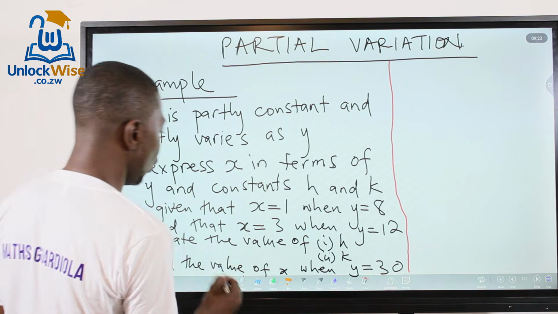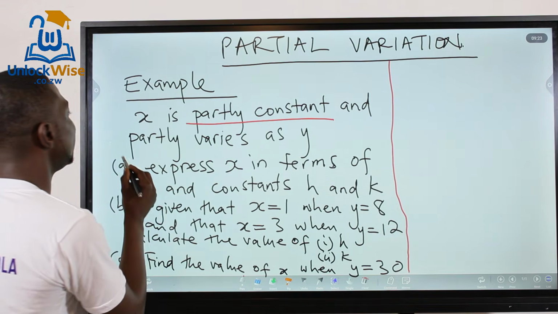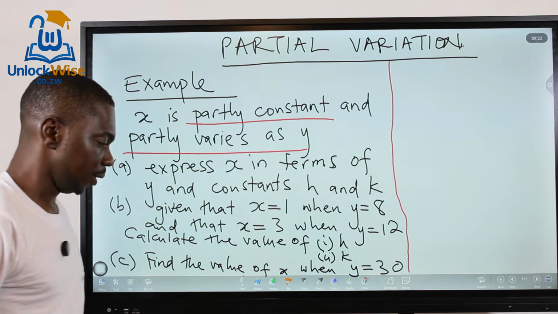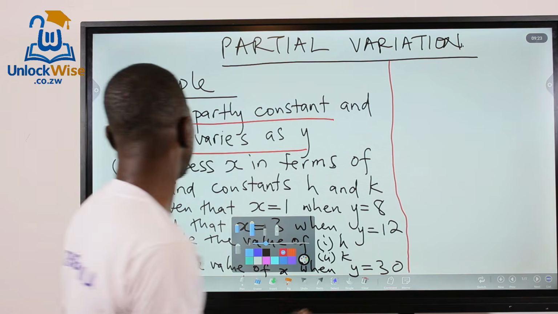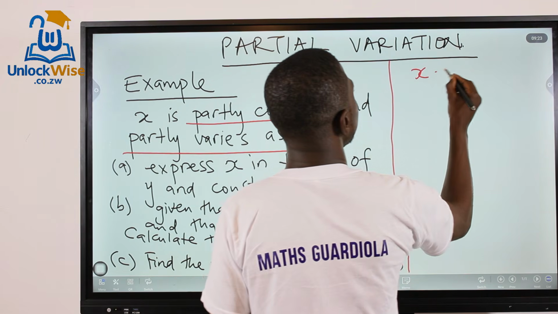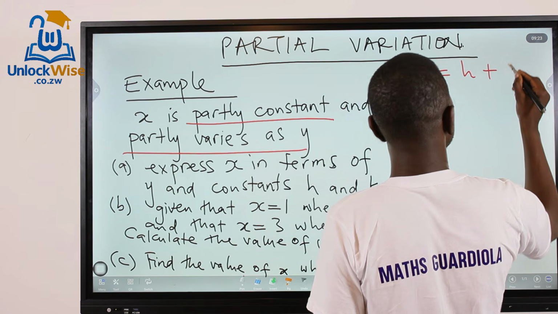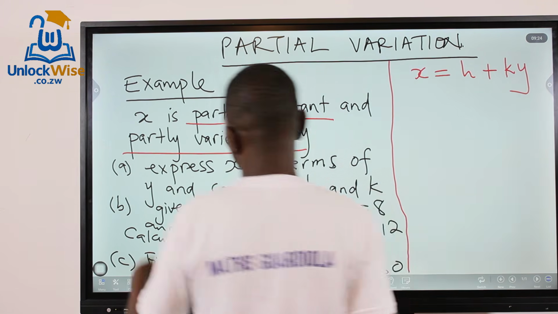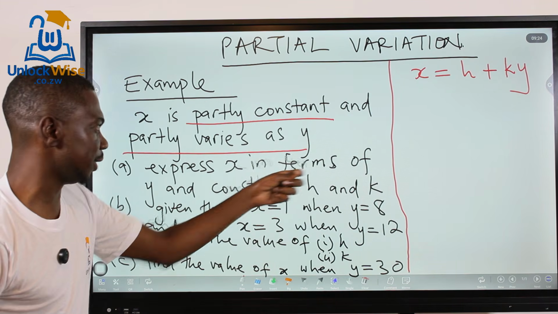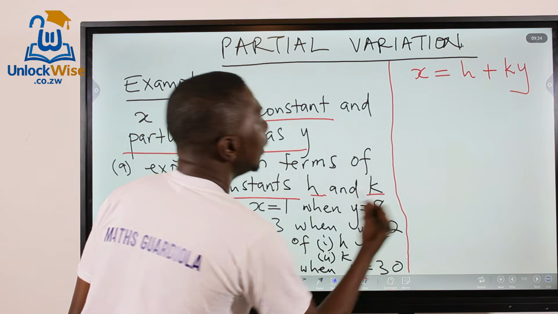X is partly constant and it partly varies as y. So what we are going to do here is write x equals h plus ky, because we are asked to express x in terms of y and constants h and k.